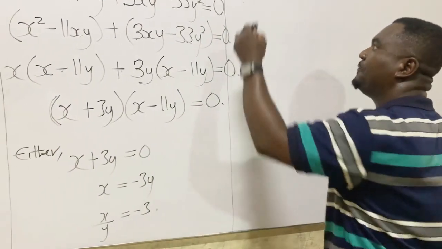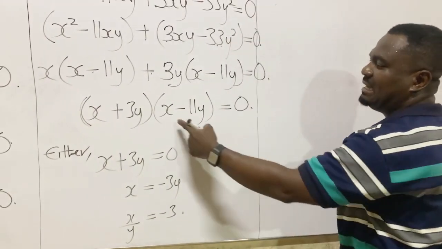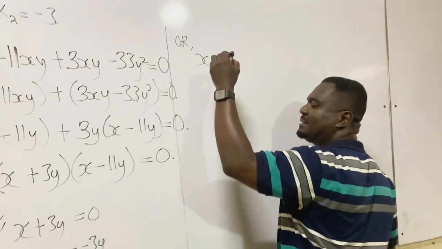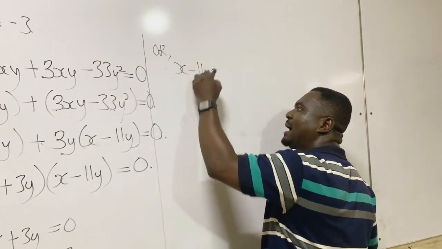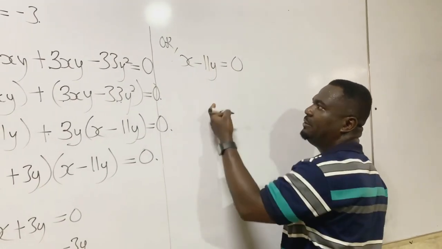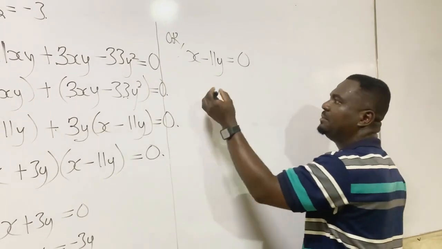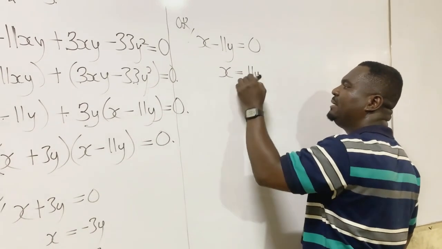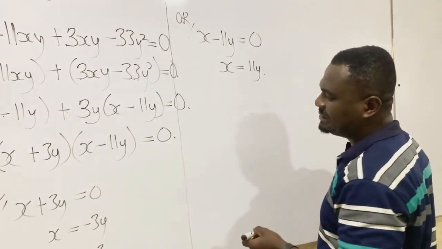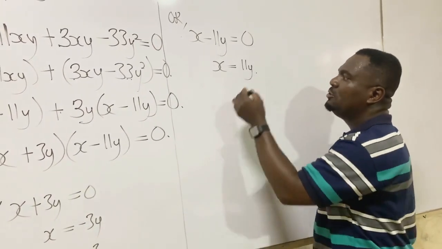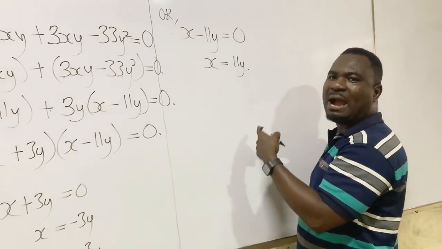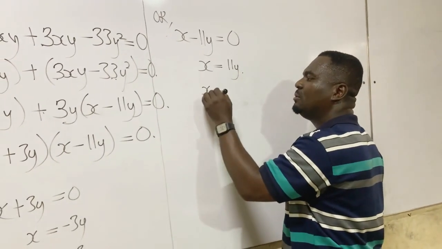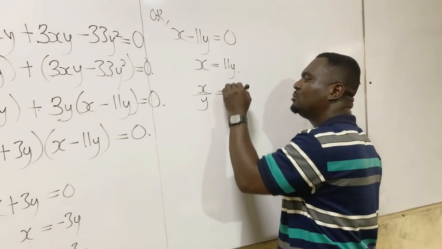Yes, and you solve for the second one, which is the second factor, which is x minus 11y equal to 0, and you separate the variables by saying x is equal to 11y. So you can choose by making x and y the subject. So x on y is equal to 11.